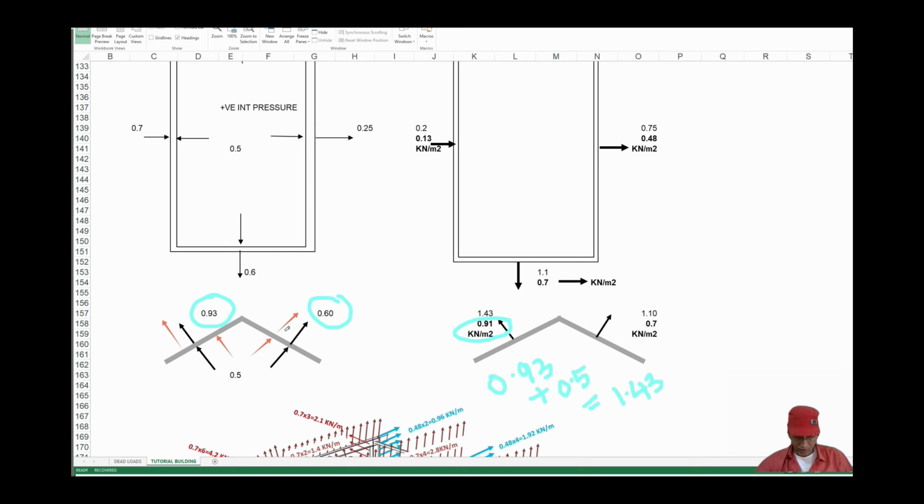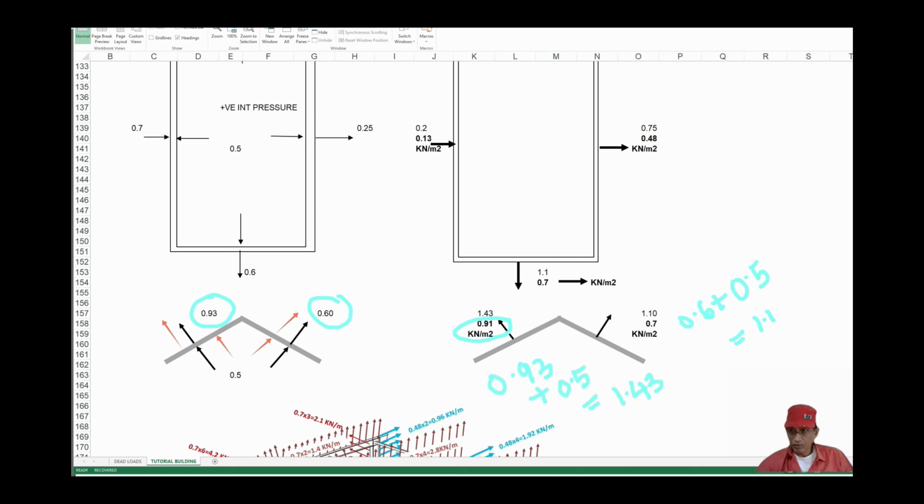Similarly, for this 0.6, the external pressure coefficient plus the internal pressure coefficient 0.5 works out to be 1.1. Again multiplying, we get this value.